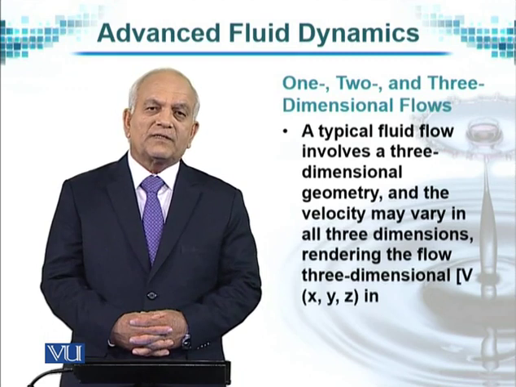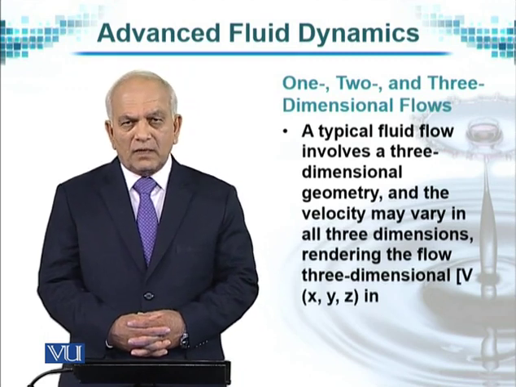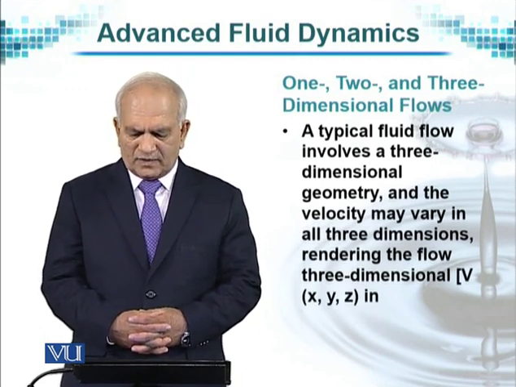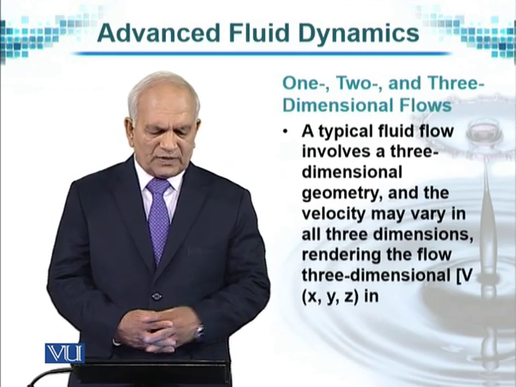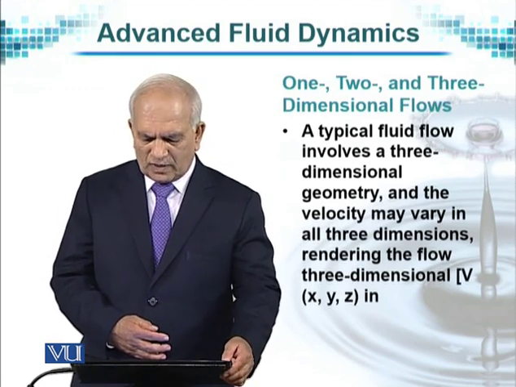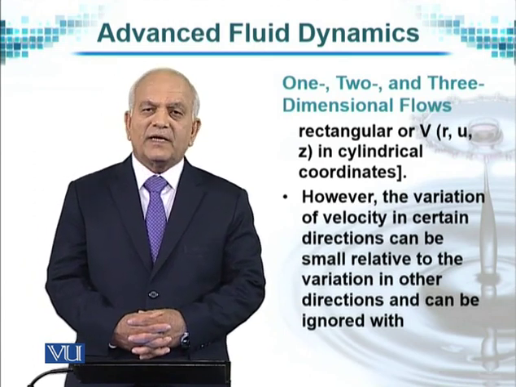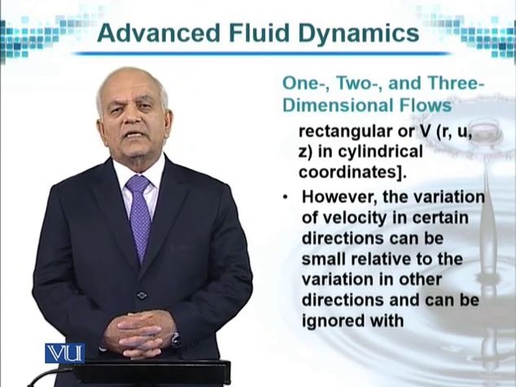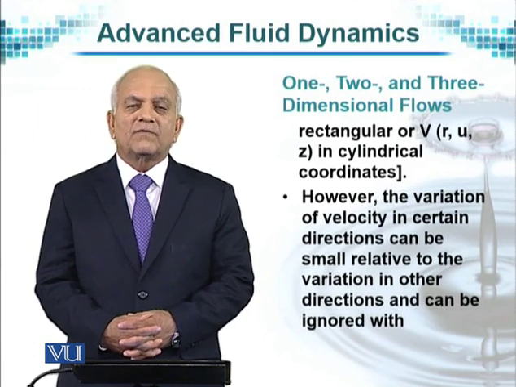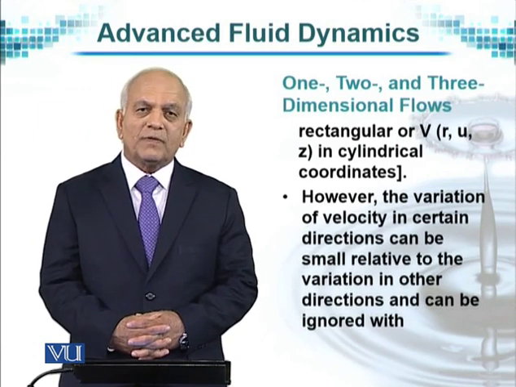The velocity vector will have its components in the x, y, and z directions if we are considering rectangular coordinates, or if we are considering cylindrical coordinates. Let's say the fluid is flowing in a pipe, for example.